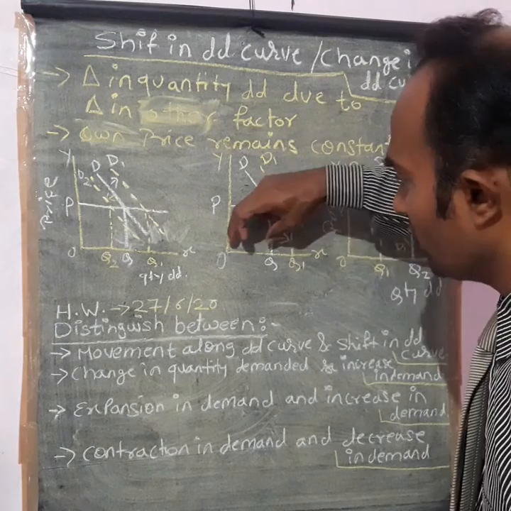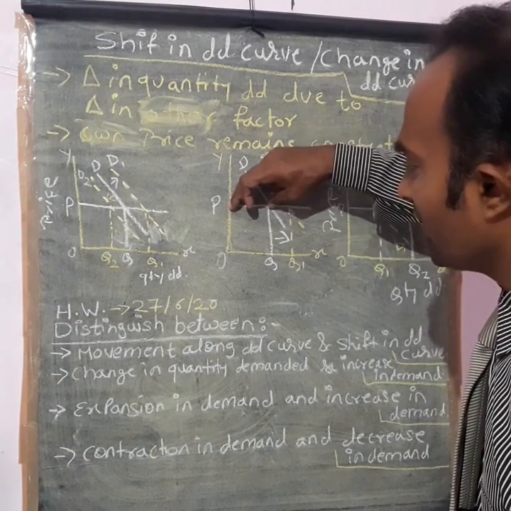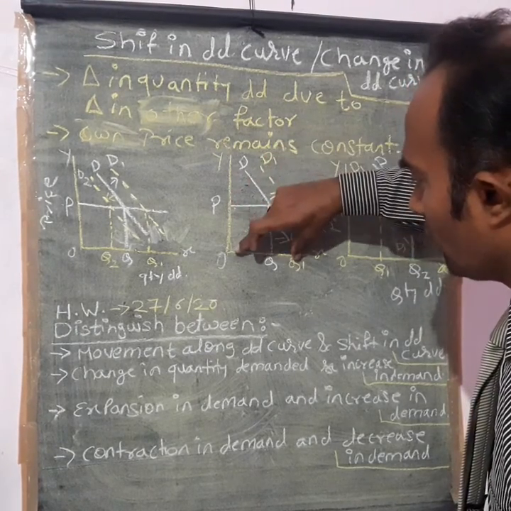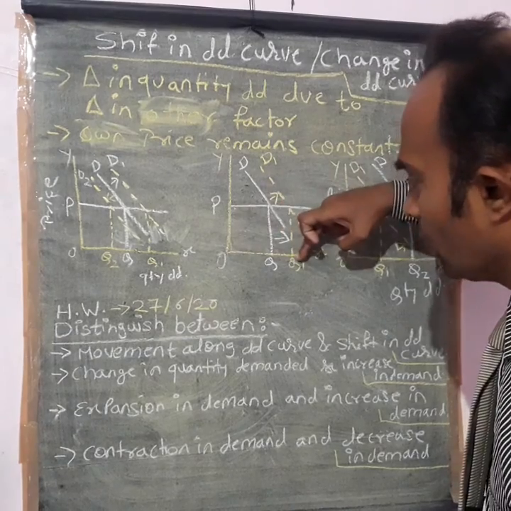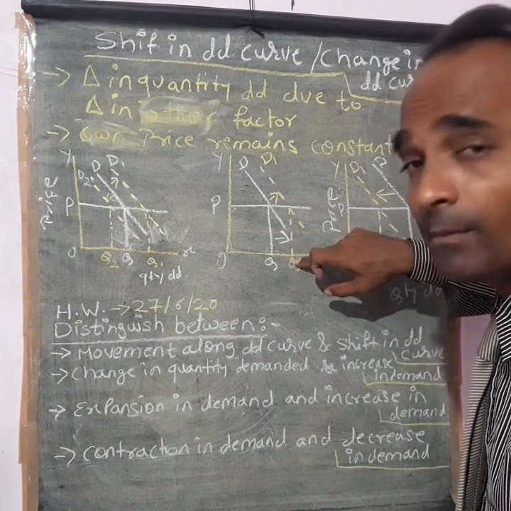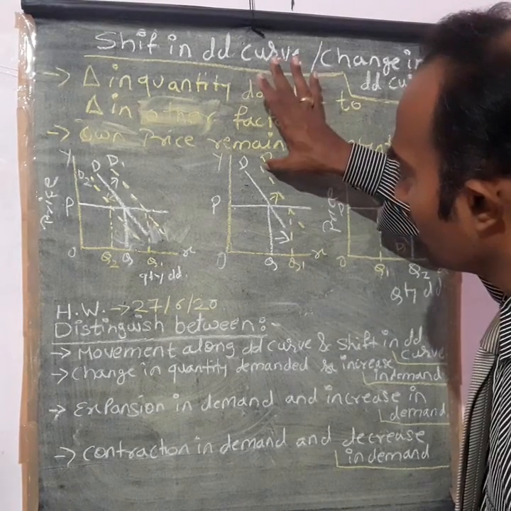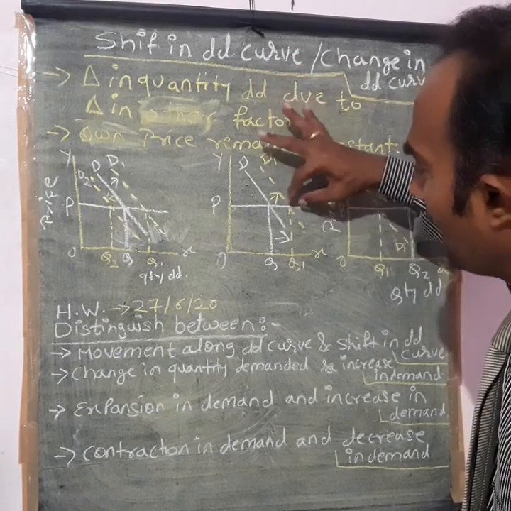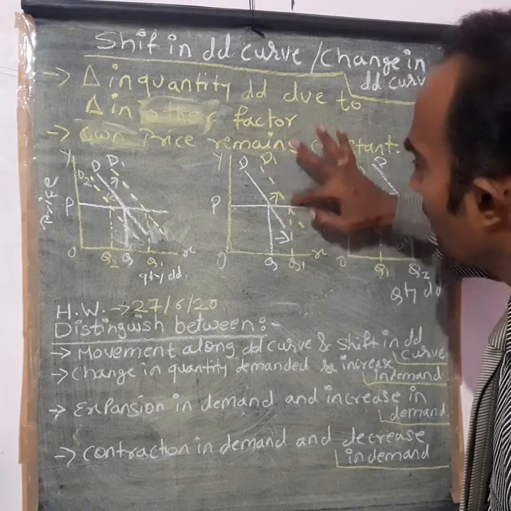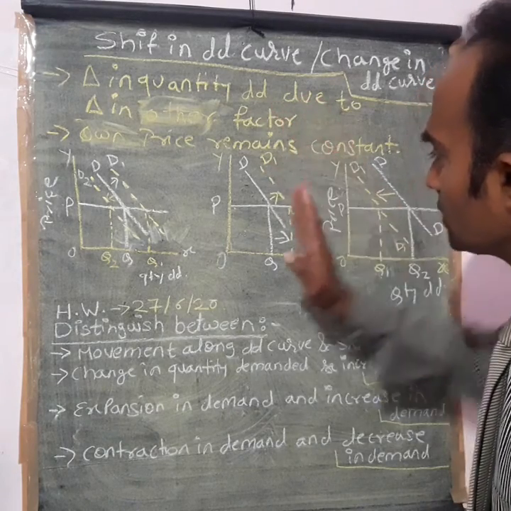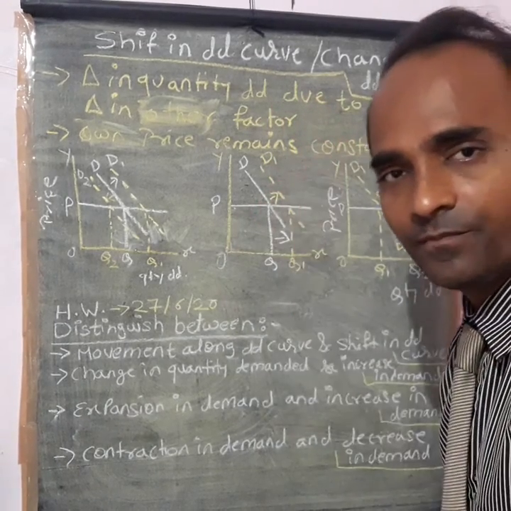Now this quantity demanded increases to OQ1. Why does it increase? Because of the increase in income. So this is the demand curve we get at this point, and this demand curve shows a rightward shift.